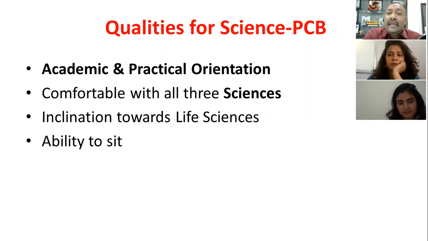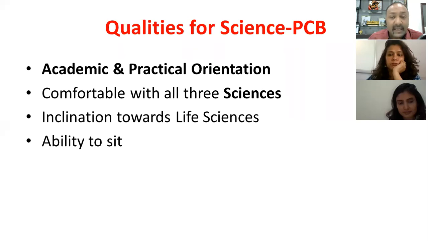You need to have inclination towards life and life sciences. So having inclination towards insects, plants, animals, human biology, these are the inclinations which you must have. And last but not the least, you have to have the ability to sit for long hours and study.